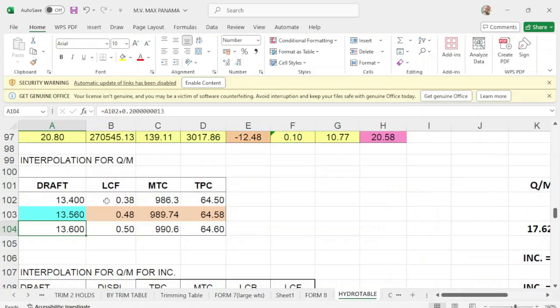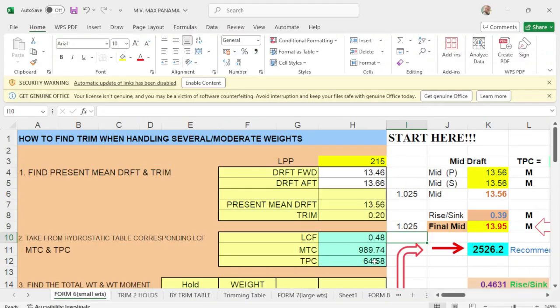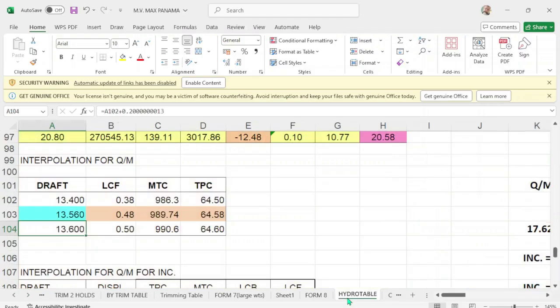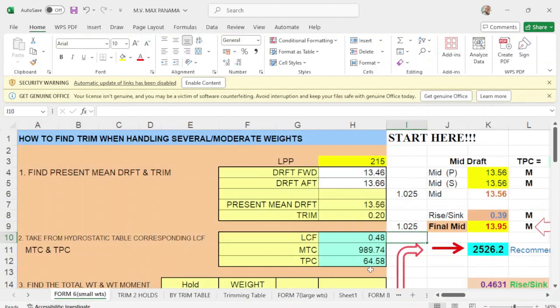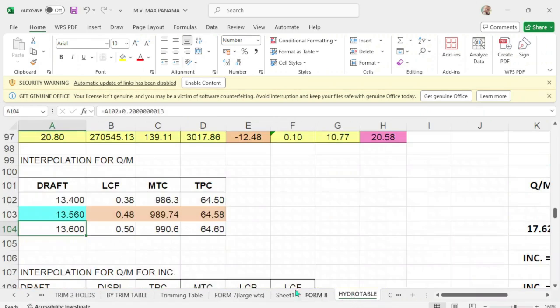Your MTC is 989.74, and your TPC is 64.58. So it is confirmed, it's all correct.